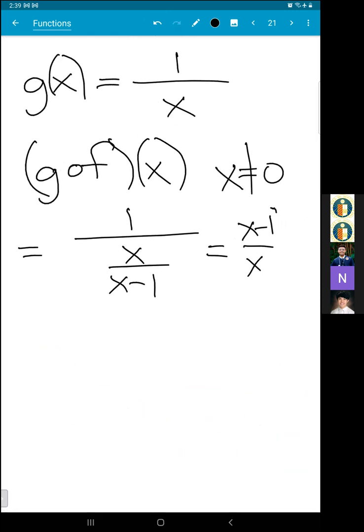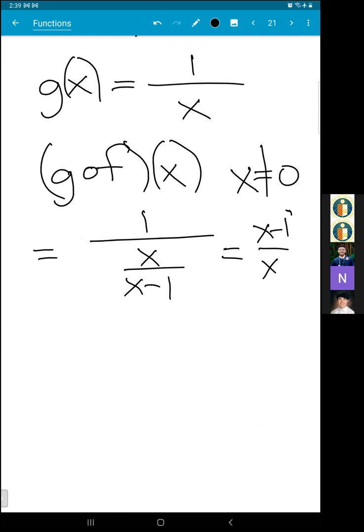Before you give the domain of a composition, you have to observe the original expression. Don't look at the final expression first. Sometimes, for the final expression to be defined, the original expression must first be defined.